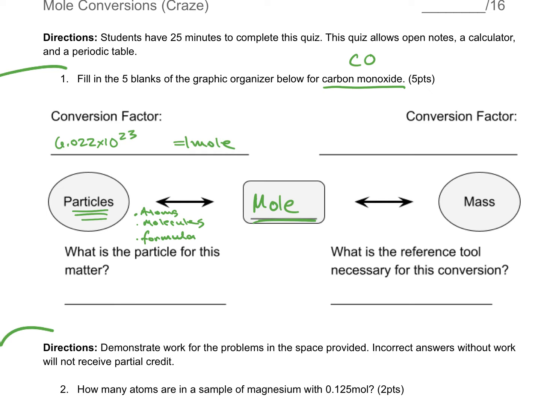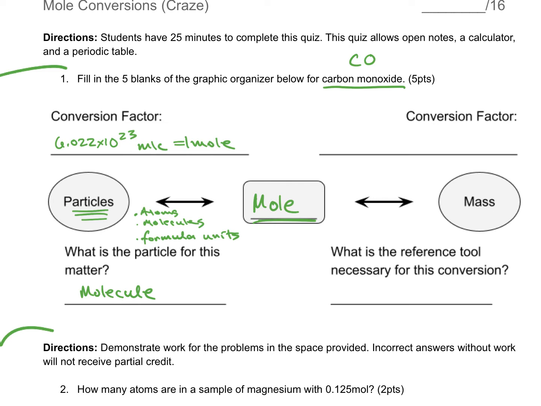Because these are covalent compounds, the name of this type of particle is a molecule. So these should be listed as molecules. There's 6.022 times 10 to the 23rd molecules are equal to 1 mole.